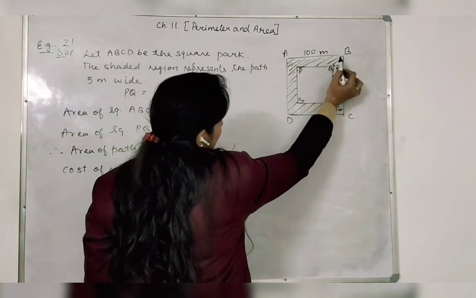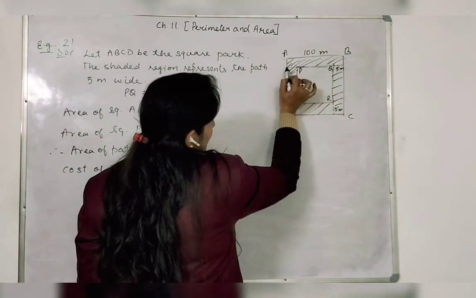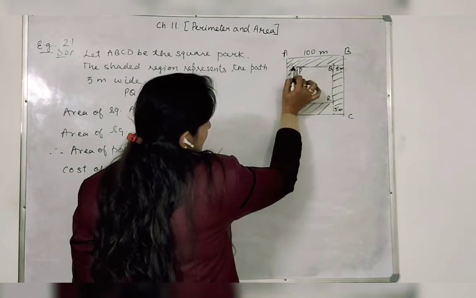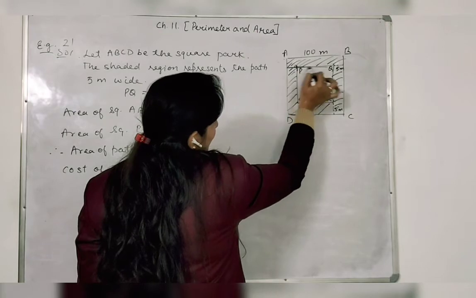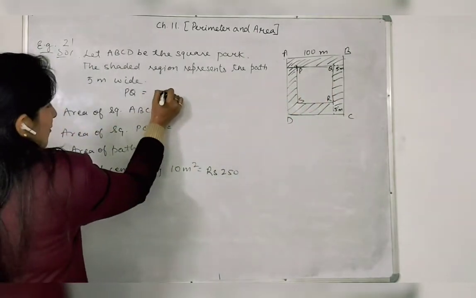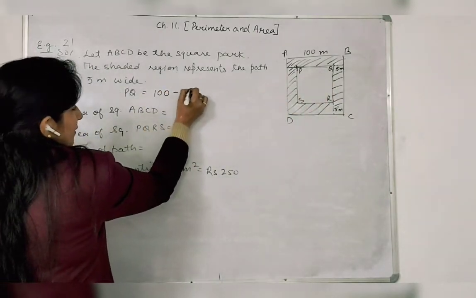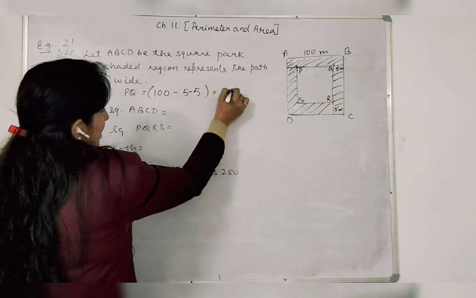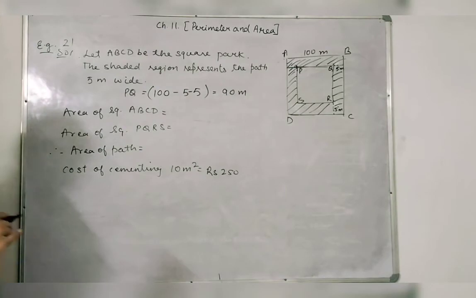From AB, if we subtract the width of the path, 5 meter this side and 5 meter this side also, then we can get PQ. So from 100 we subtract 5 two times, and we get 90 meter as the measurement of side PQ.